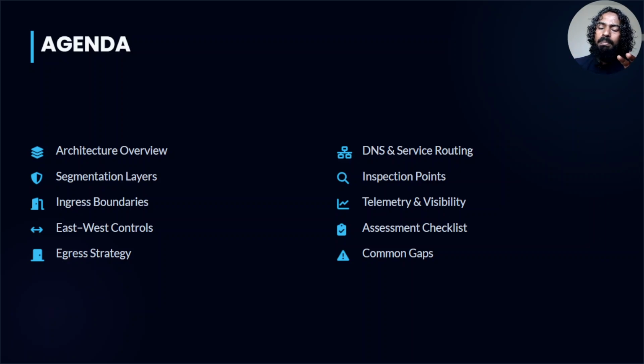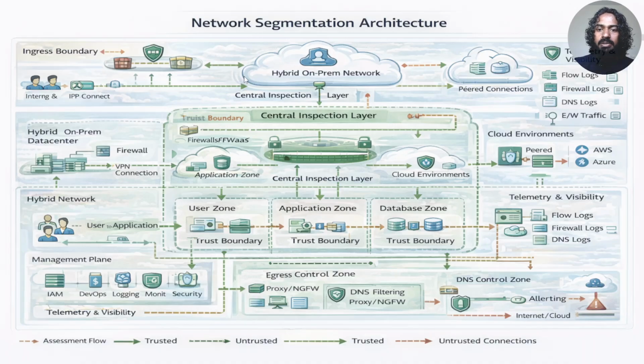Finally, I'll give you a practical assessment checklist as usual and some common failures that we see everywhere. Same pattern as all the previous episodes, architecture first and tools last, right? Let's start with the bigger picture, right?